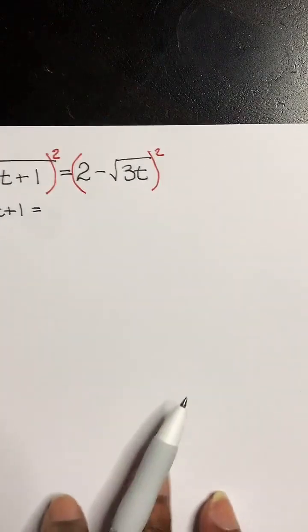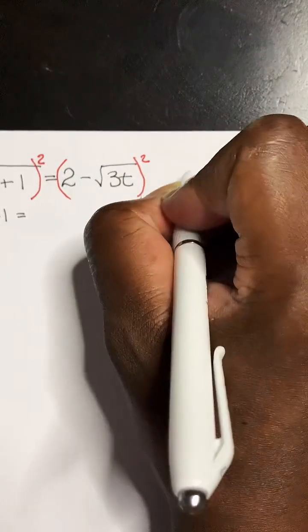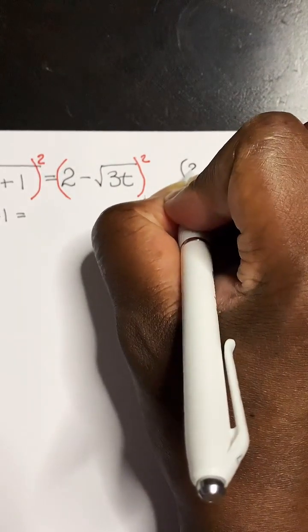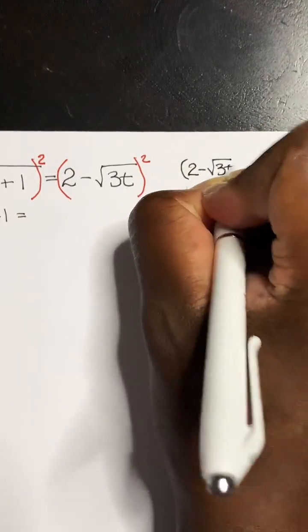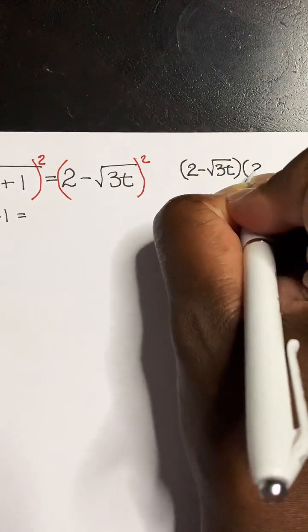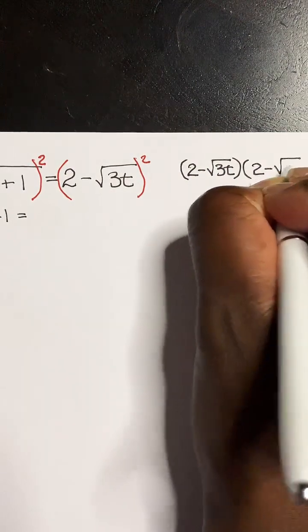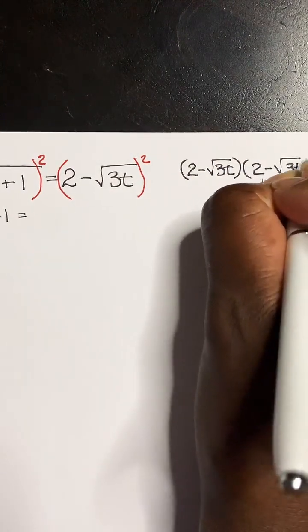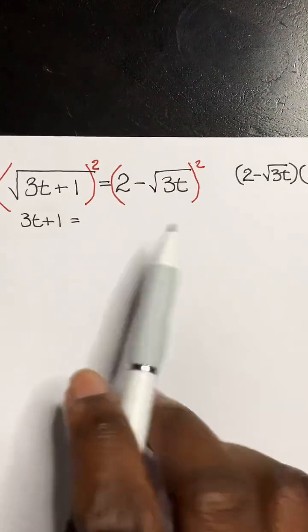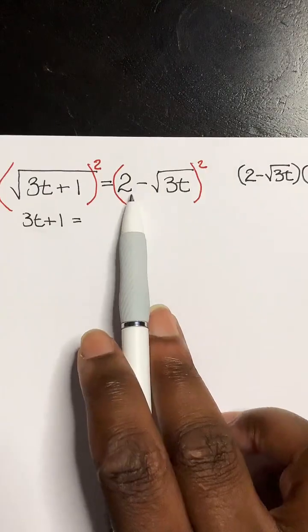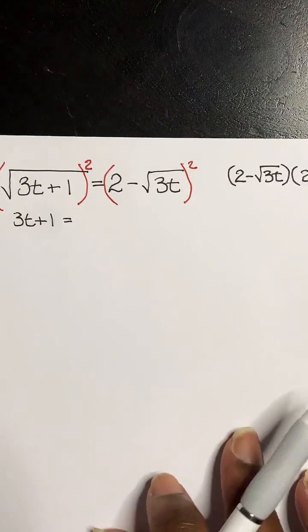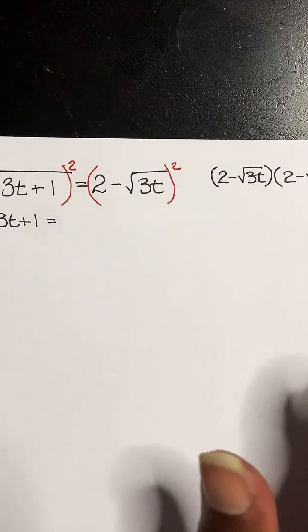So that means we have 2 minus the square root of 3t times 2 minus the square root of 3t. The reason we're doing that is we have a binomial that's being squared. Not all of it is underneath the radical, so they can't just disappear.